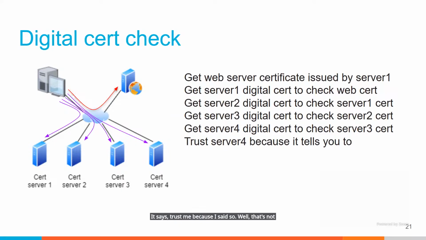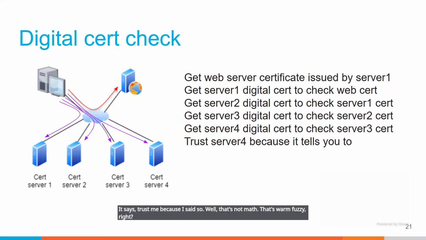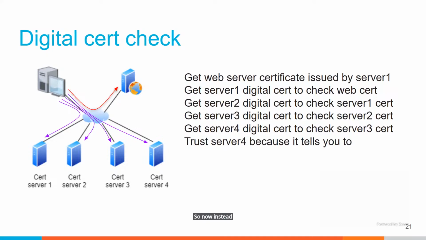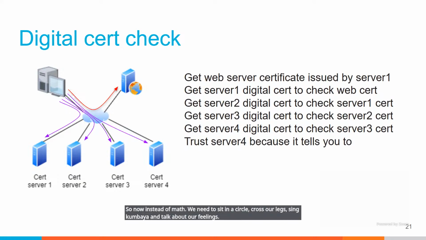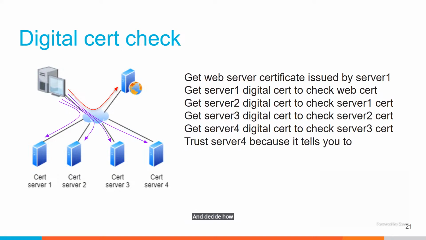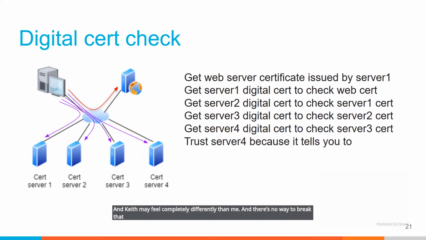That's warm fuzzy, right? So now instead of math, we need to sit in a circle, cross our legs, sing kumbaya, and talk about our feelings and decide, how do we feel about this last server? Do we feel it's secure? And Keith may feel completely differently than me, and there's no way to break that tie, right? Because we're talking about emotions.